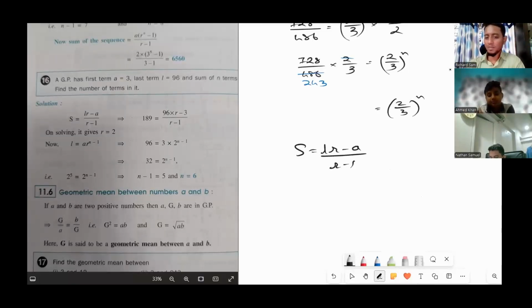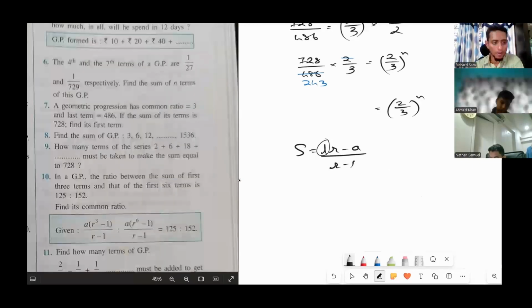Our aim is to find the missing term, so you can just put the values in this formula. Sum is 728. We have the last term, 486. We don't have the first term, so A is missing.